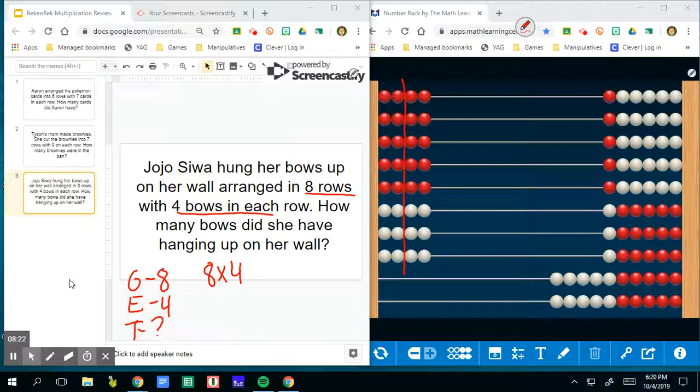I know 4 is made up of 2 twos. And so in this case, 8 rows of 4 would be 8 times 2, 2 times. Because here is 8 times 2, and here is 8 times 2.